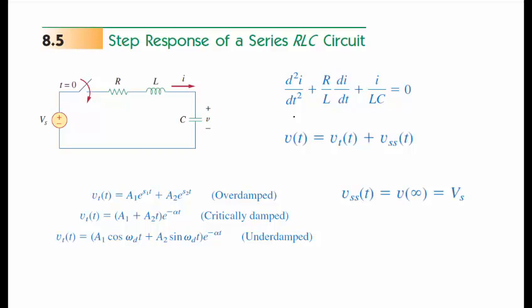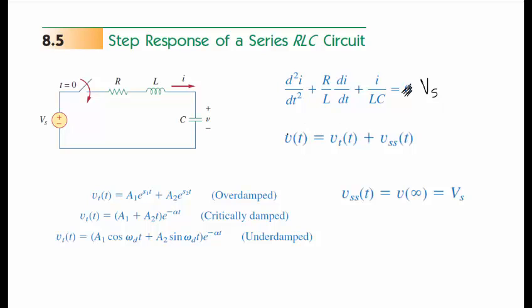So this was the differential equation that described the circuit in the absence of any sources. But now we have a source right here, and from Kirchhoff's voltage law, the sum of the voltages around the loop equals 0. So we see that the voltages across each one of the elements must equal the voltage of the source that's being applied.